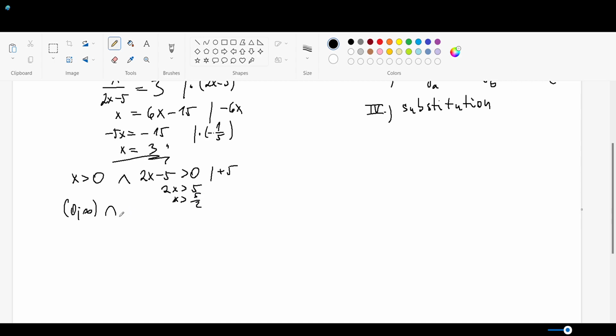So this is going to be the intersection of the interval 5 over 2 to infinity, and the result of this intersection means that this is the interval 5 over 2 to infinity, and as x is equal to 3, x belongs to the interval from 5 over 2 to infinity.